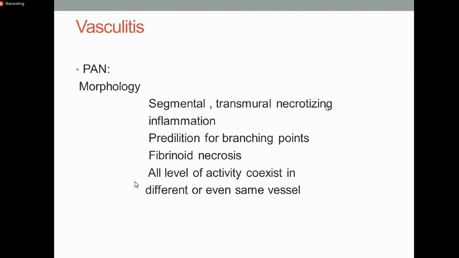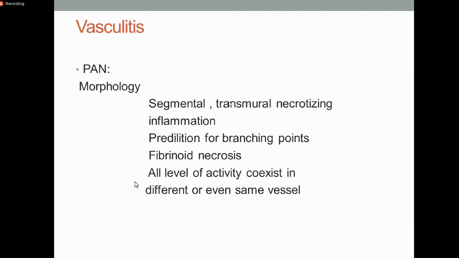Segmental transmural necrotizing inflammation. This may seem like a lot of information, but try to break it down one by one. Segmental, I take first: part of the vessel is involved, not the whole of the vessel. And transmural means full thickness.